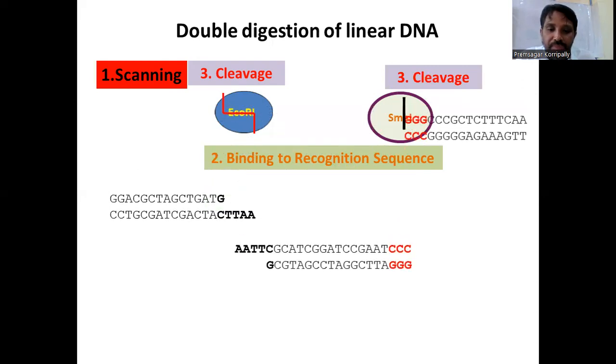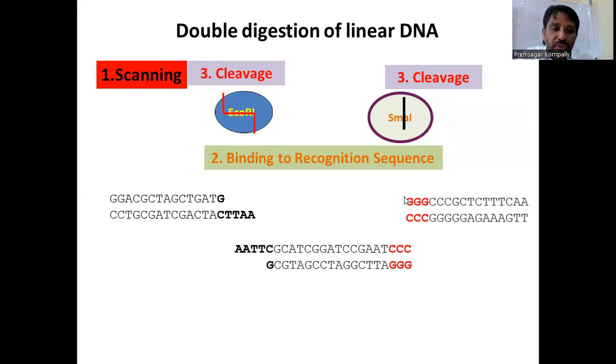See? On the EcoR1 side, after EcoR1 digestion, you can see cohesive ends, means a single-strand overhang is there. But SmaI digestion leads to the production of blunt-end DNA fragments. So this duplex DNA, this double-strand DNA, has two restriction sites.